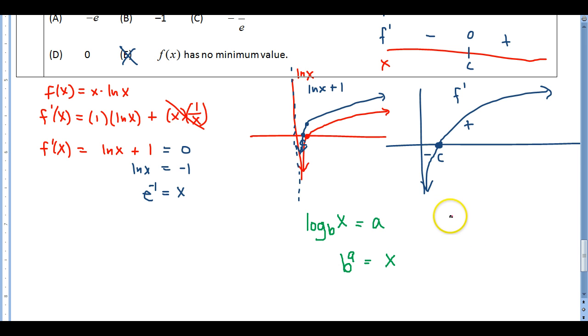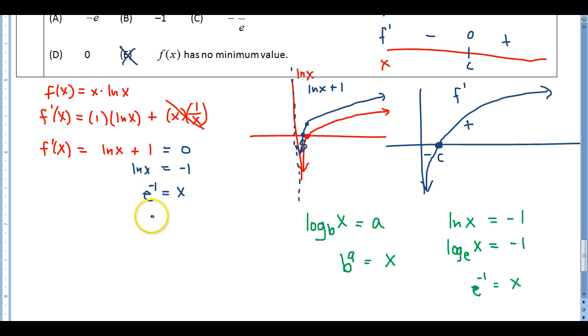So what I did: ln of x equals -1, ln is basically log base e of x. Then I rearranged this so that it's e to the -1 equals x. So that's what I just did there.